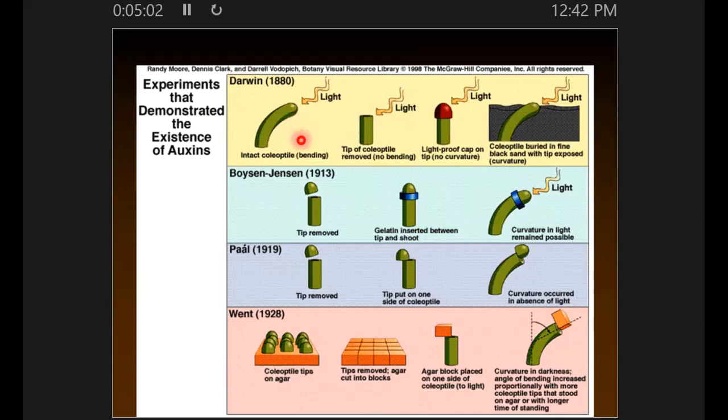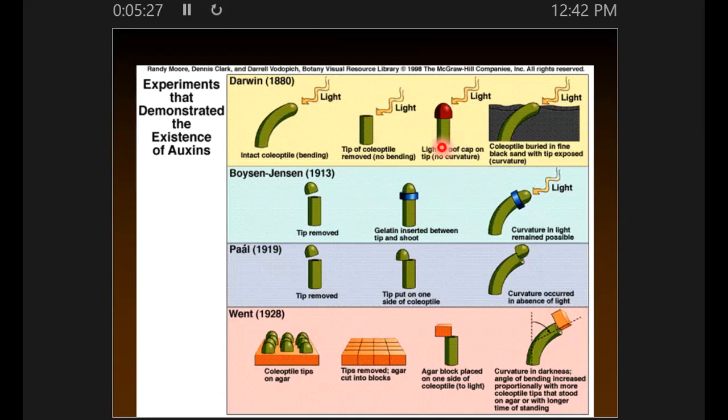Then they wondered if there was some kind of signal coming from the tip of the plant. So they amputated the tip and did the same experiment, and there was no bending toward the light. Maybe there's some chemical in the tip that is necessary for the bending to occur. Or maybe amputating the plant really messed with it.